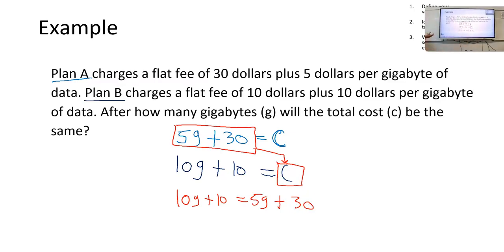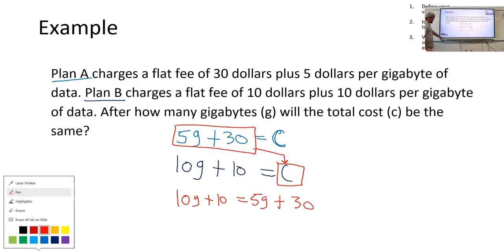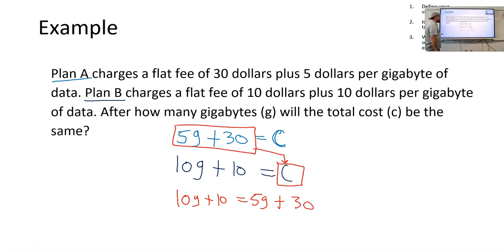And we got a variable on both sides. So we're going to solve for the gigabytes. All right, let's see. So I'm going to move all my variables to one side. So I'm going to take this 5G and I'm going to subtract it over here. That would leave me with 5G plus 10 equals 30.